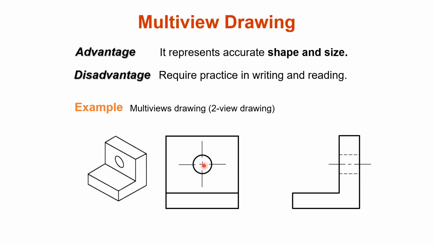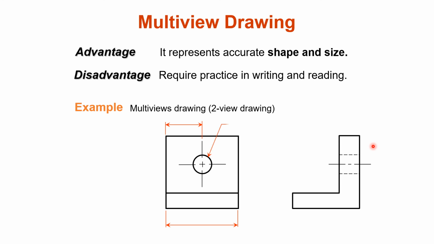Similarly where the circle is present, the center line is shown here, and when we see from the right side of this object, we know behind this object the circle is present. To show that hidden feature, we show it with dashes. Similarly here. Okay, so here are the dimensions.